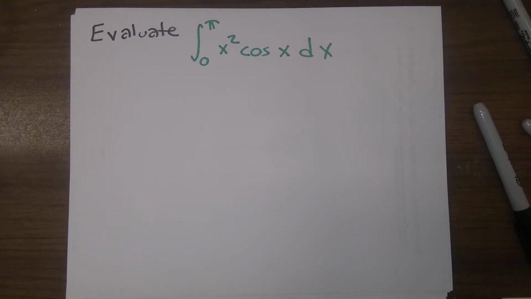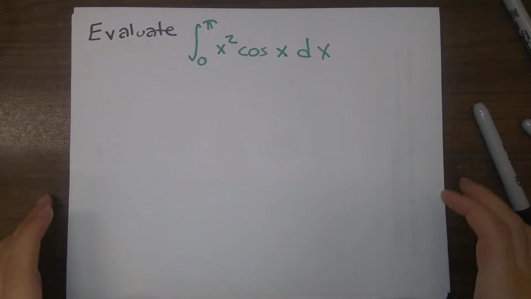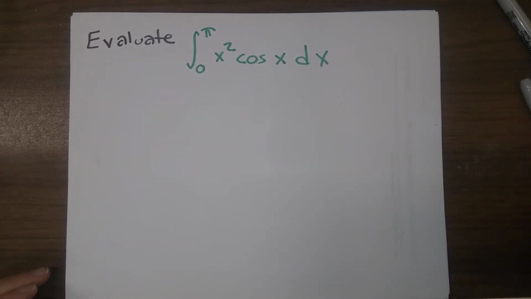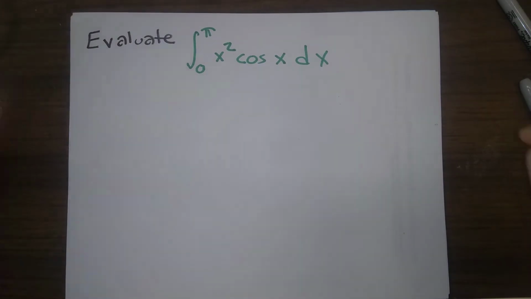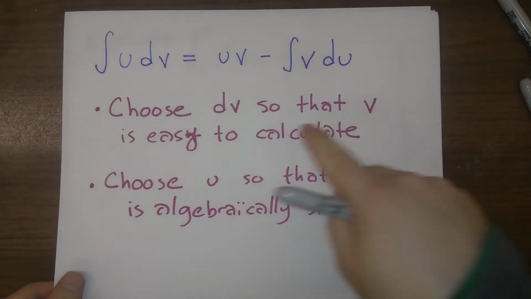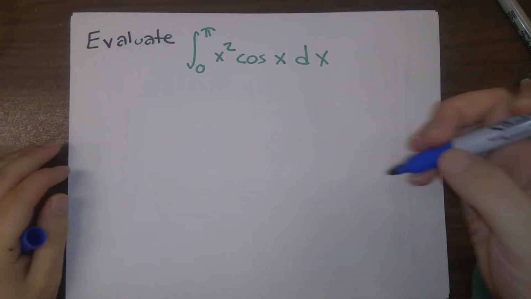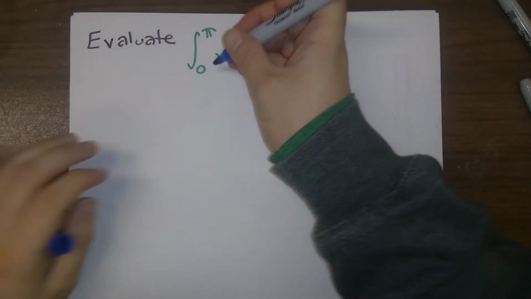So without further ado, let's get on to an example. I want us to evaluate the integral from 0 to pi of x squared cosine x dx. So earlier we were saying that we should choose dv so that v is easy to calculate, and choose u so that du is algebraically simpler. That's a pretty good first thing to think about here.